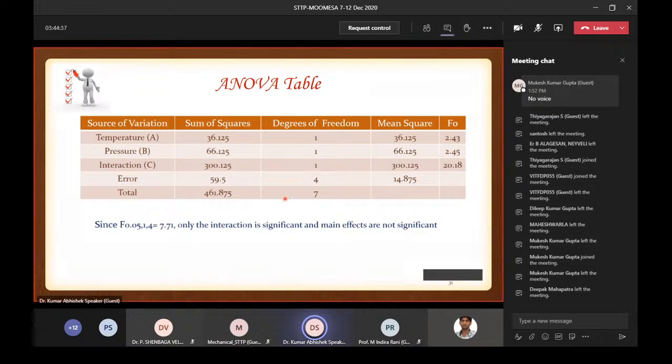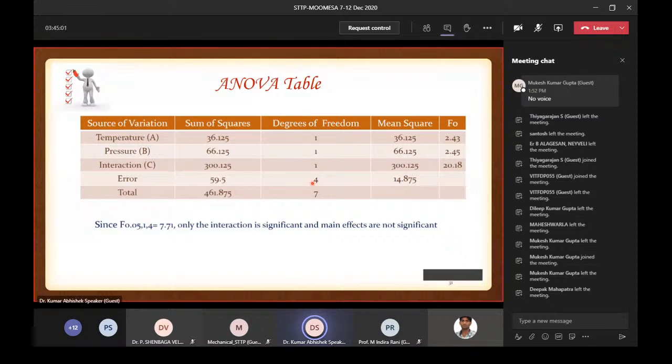Now if you look at the overall experiment, the total number of observations is 8. So 8 minus 1, the total degree of freedom is 7. The degree of freedom for the error is 7 minus 3, that is 4.